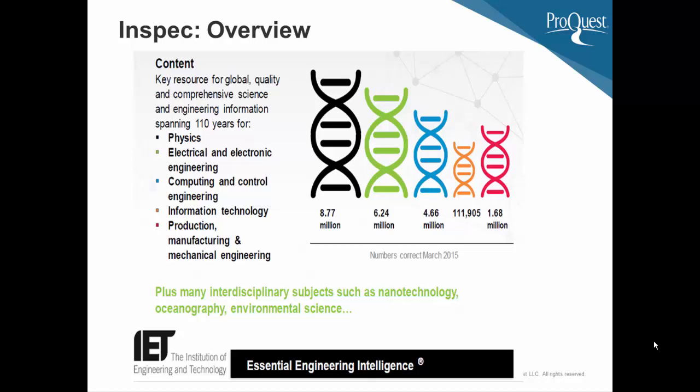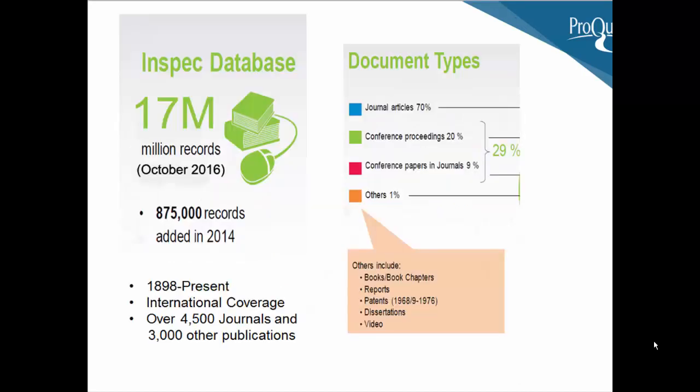You can see that it is quite a wide area, including many of the modern technologies in computing and information technology. They have some 17 million records as of now. They add close to 1 million every year nowadays. And I want to point out that in addition to many journal articles, they also have quite a few conference proceedings and conference papers.